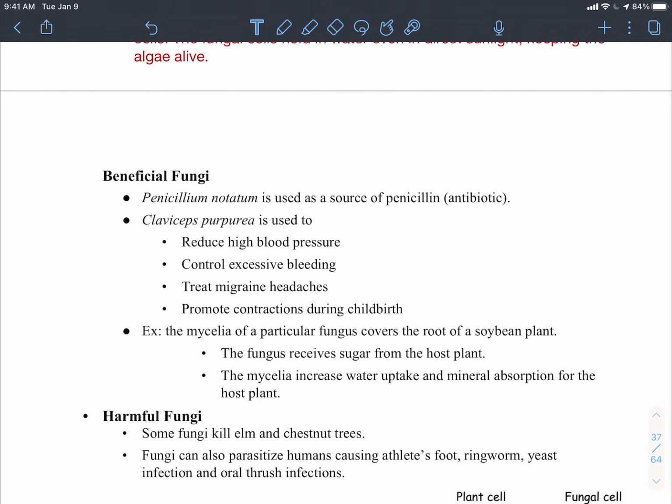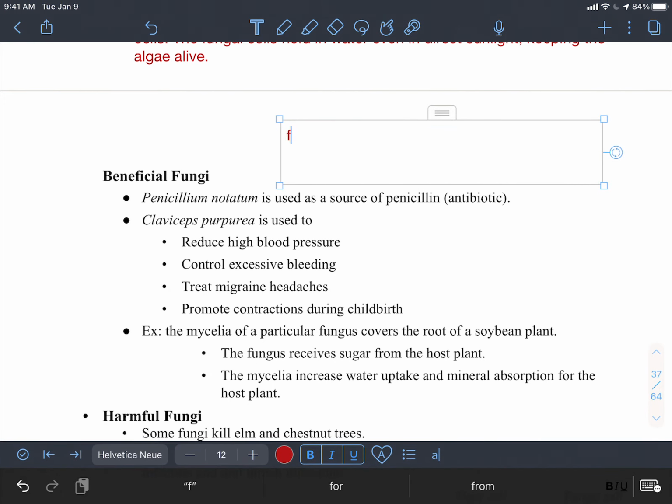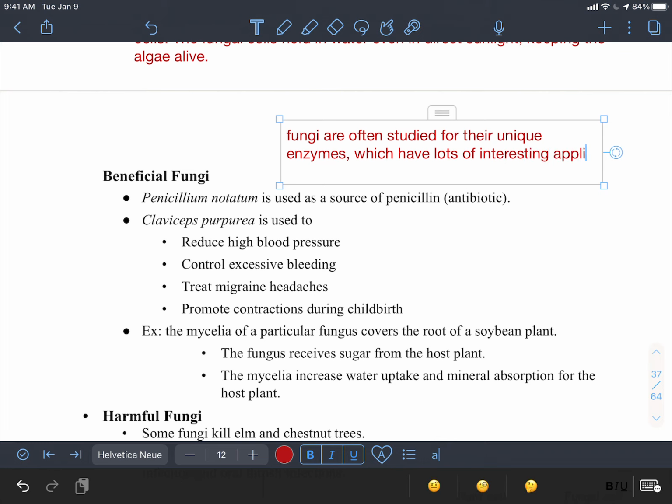In natural products chemistry, fungi are often studied for their unique enzymes, which have lots of interesting applications in medicine.